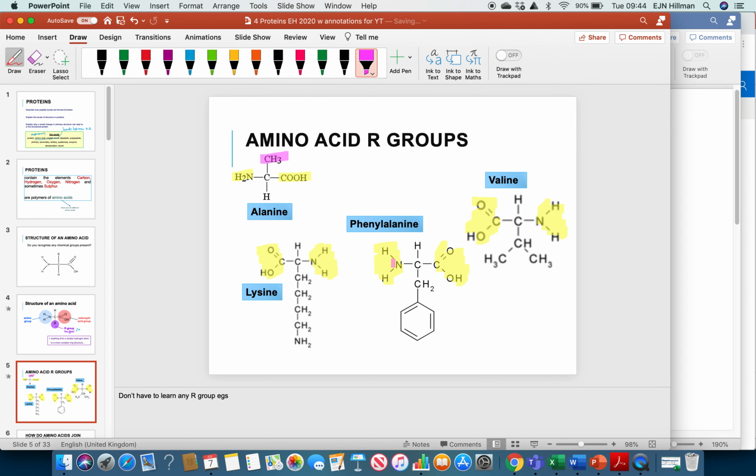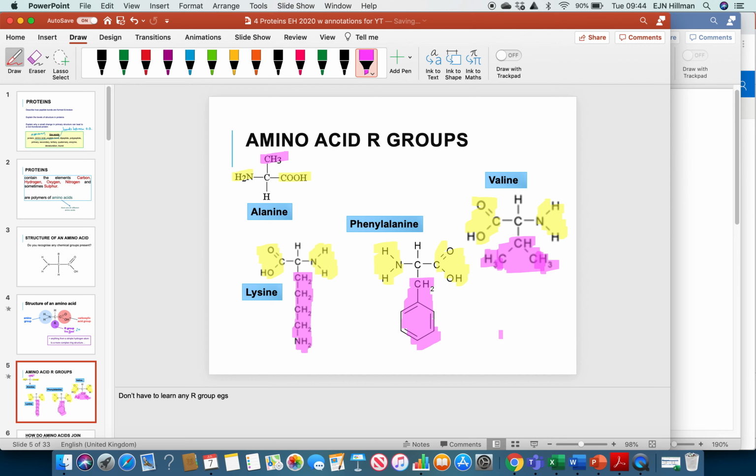So here, the R group in alanine is a methyl group, CH3. In lysine, it's this chain of hydrocarbons with an amine group at the end. Phenylalanine, CH2, and then a benzene ring. Valine, we've got a branched hydrocarbon there.